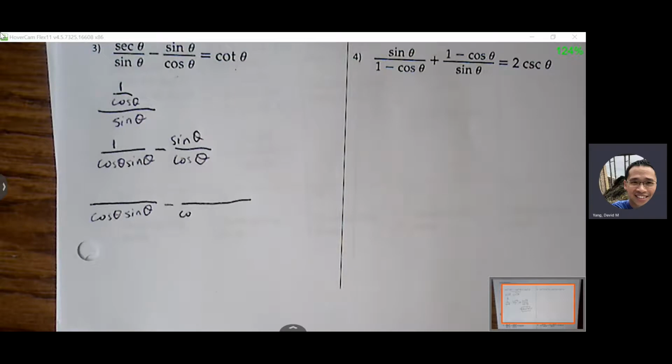So this one, did you get this part? And you, okay. So then you have 2 over sine. So 1 over sine is cosecant, but we have 2 over sine, so it's 2 cosecant. 2 over sine theta, or 2 over 1 over sine theta, or cosecant, right?